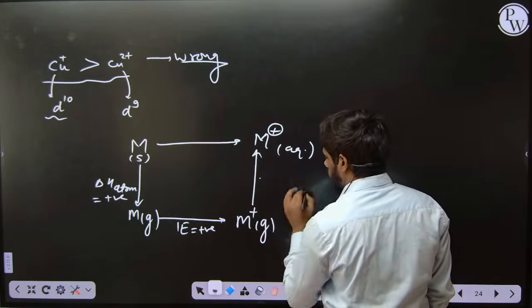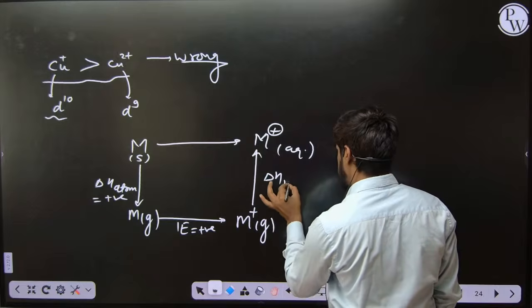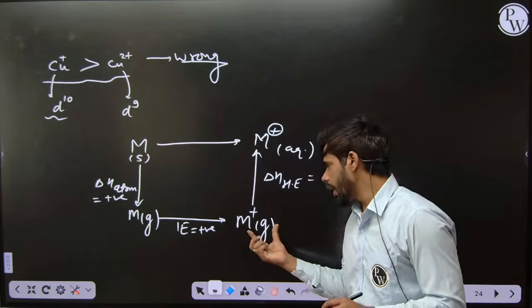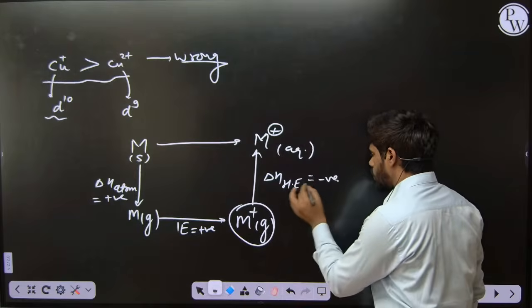So in this case there is a release of hydration energy. If there is solvation of a gaseous metal ion, that energy will be released, which is known as hydration energy.